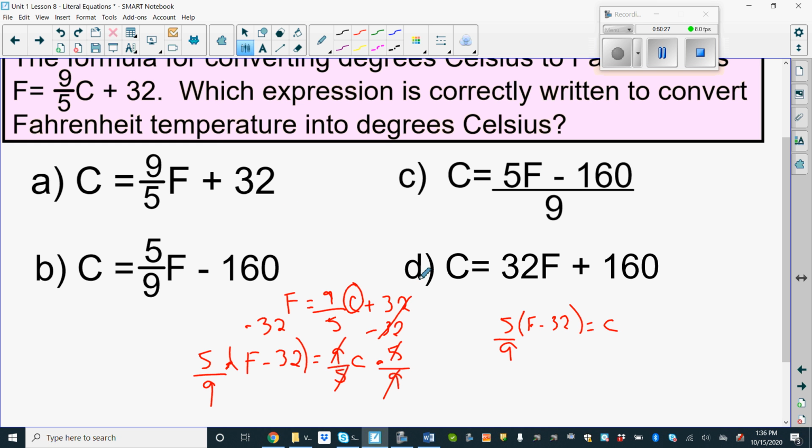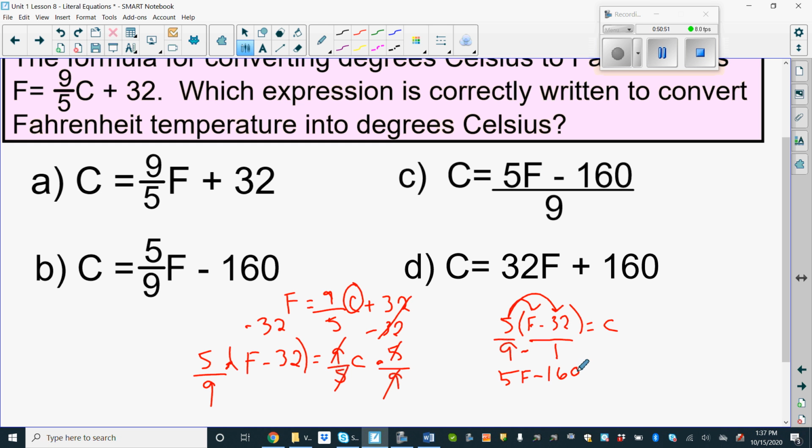So obviously in our answer choices, they got rid of the parentheses. So we have to distribute the 5 to the F and the 5 to the negative 32. And we know that anything that doesn't have a denominator is always over 1. So we just have to multiply the 9 times the 1 in the denominator. So 5 times F is 5F, and 5 times a negative 32 is negative 160.